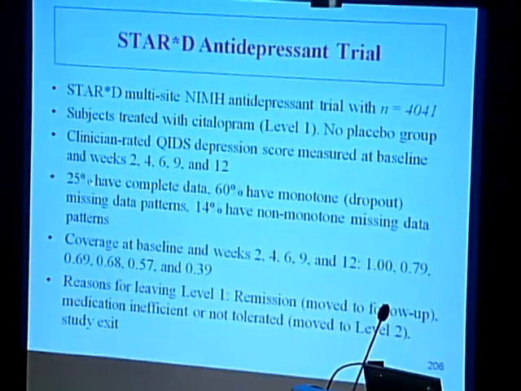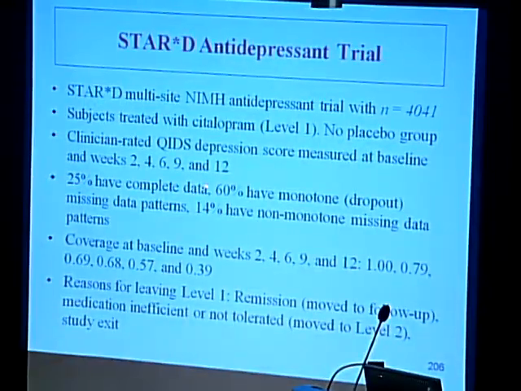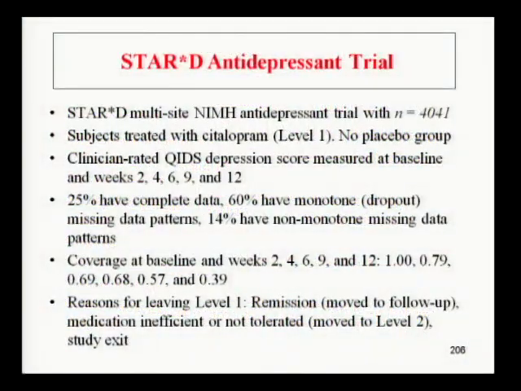Turns out that only 25% have complete data through the 12 weeks. 60% have monotone missingness, which is another word for dropout. 14% have non-monotone missing data patterns, which is another word for intermittent. So most of them have monotone dropout, and that's what we're going to focus on. Coverage: baseline 100%, after 2 weeks down to 79%, 69, 68, 57, and only 39% at the 12th week.